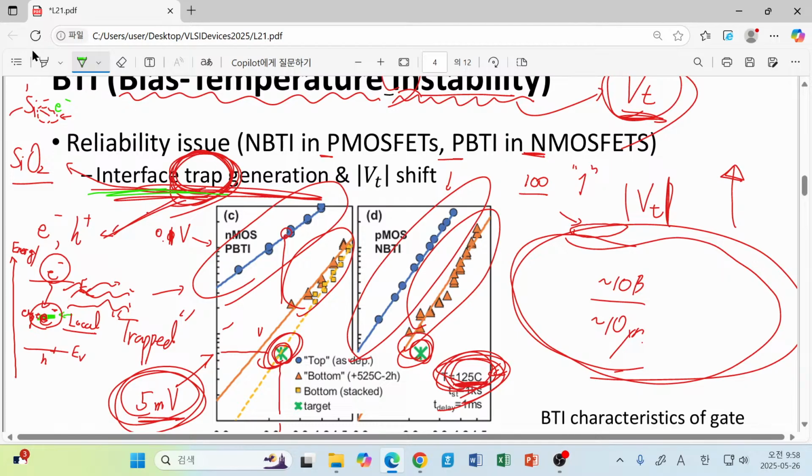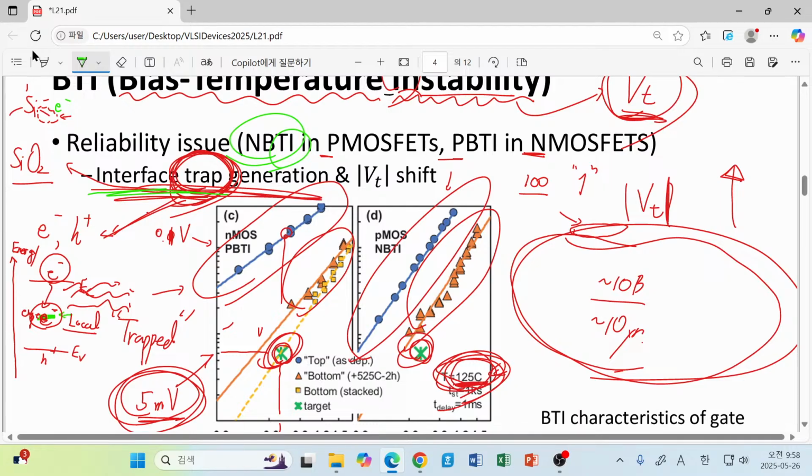Then why do we have dangling bonds? And why is their number or density increased by applying stress, for example, by applying NBTI, negative bias temperature stress? Why do we have instability? Maybe the possible reason is that we now have elevated temperature.